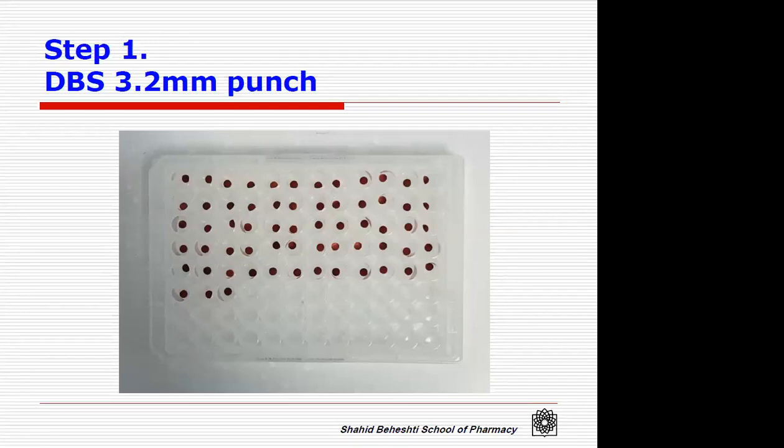This is a 96 well plate. And as you see, in each well, I have one punch of the size of 3.2 of the dry blood spot. After this, we have to go for the extraction. Next slide.